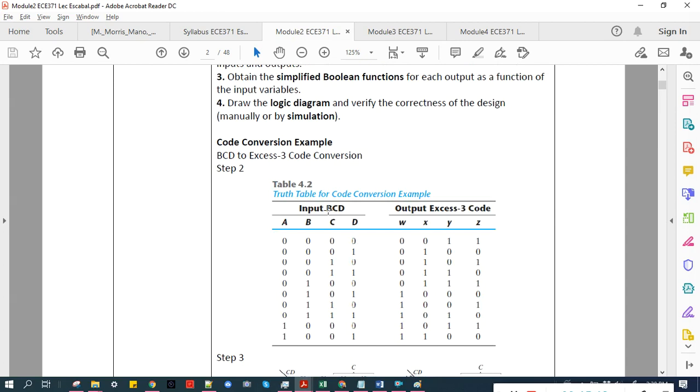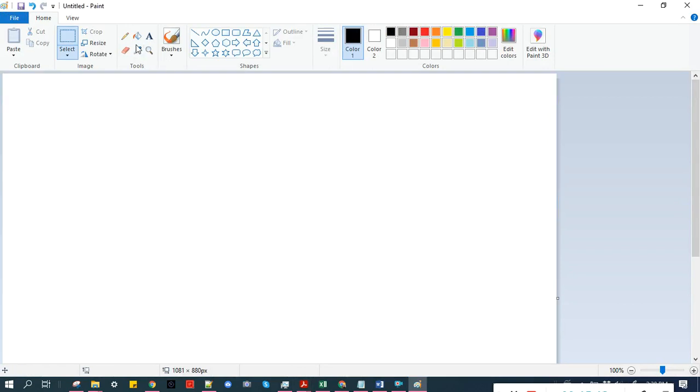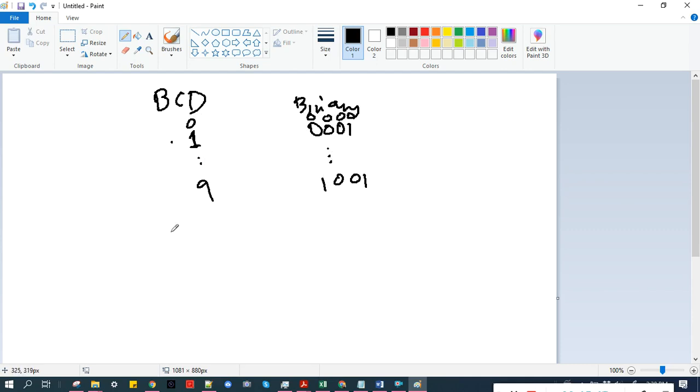BCD is the same as the binary equivalent if we have one decimal digit. 1 to 9 is just 0001 up to 1001.